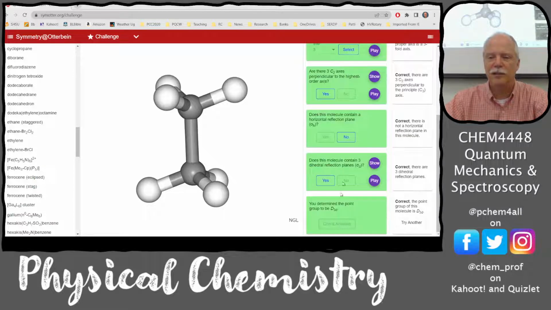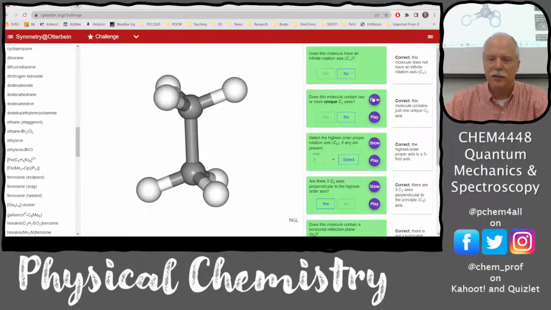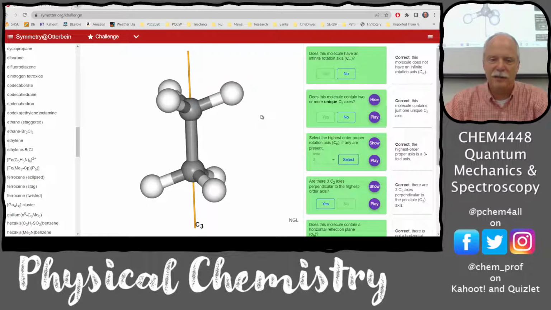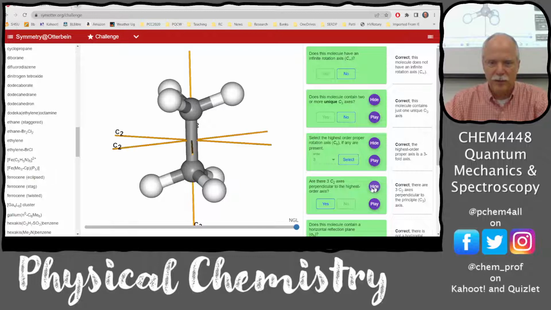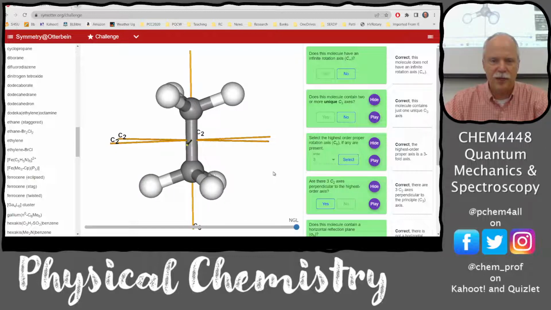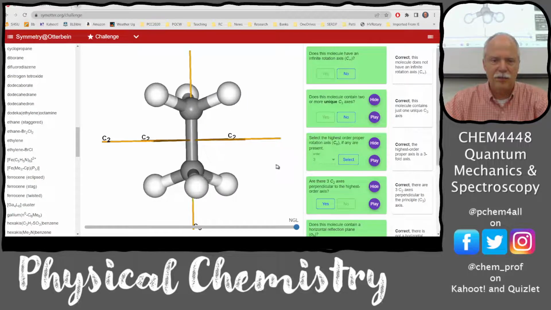So let's check our answers. So here's our symmetry axis, the C3 axis. We can play that and see the rotation. Here's the 3 C2s. So we looked at the one that's coming straight at us. But look, here's 1, 2.